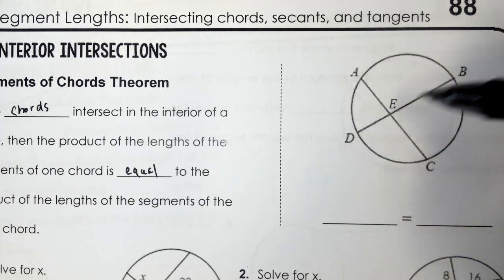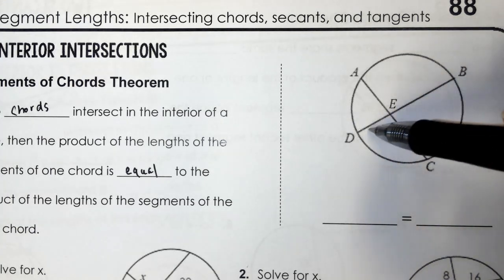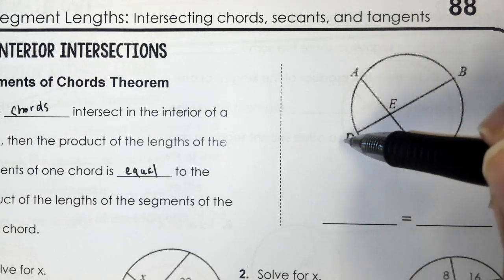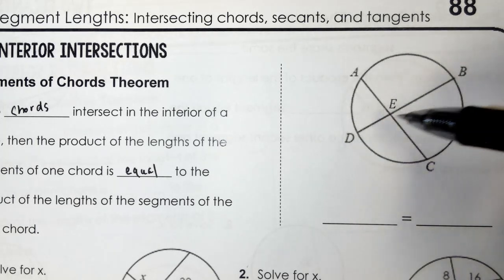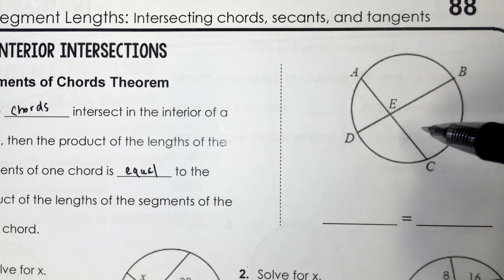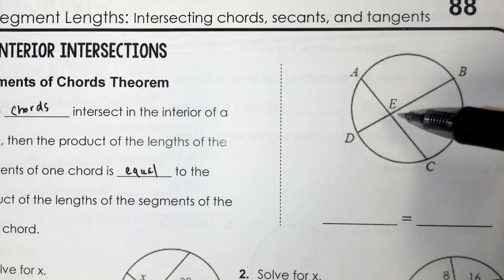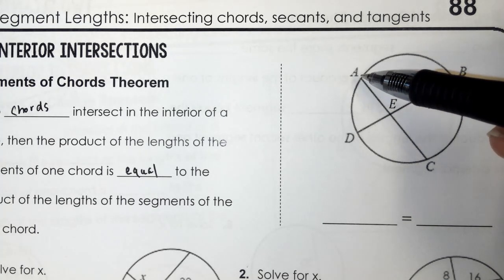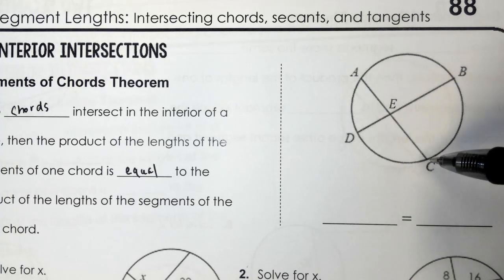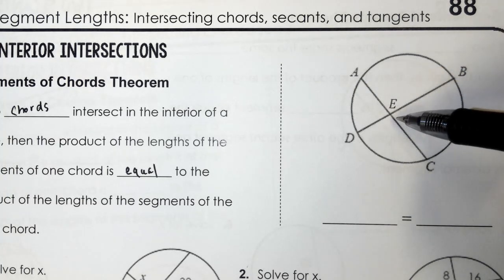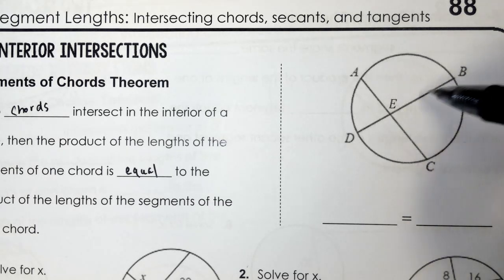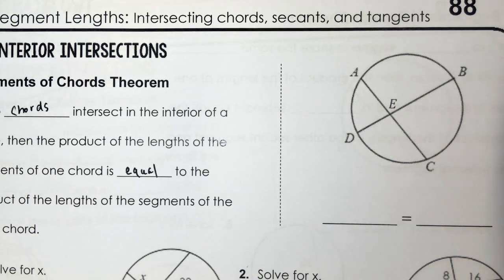You can really tell that too, especially for this one. You can tell that B to E is longer than D to E. This ain't no midpoint situation at all, like we've learned before. It's just saying that this segment on this chord times this segment on the same chord is equal to this segment times this segment. It's pretty much what they're saying.